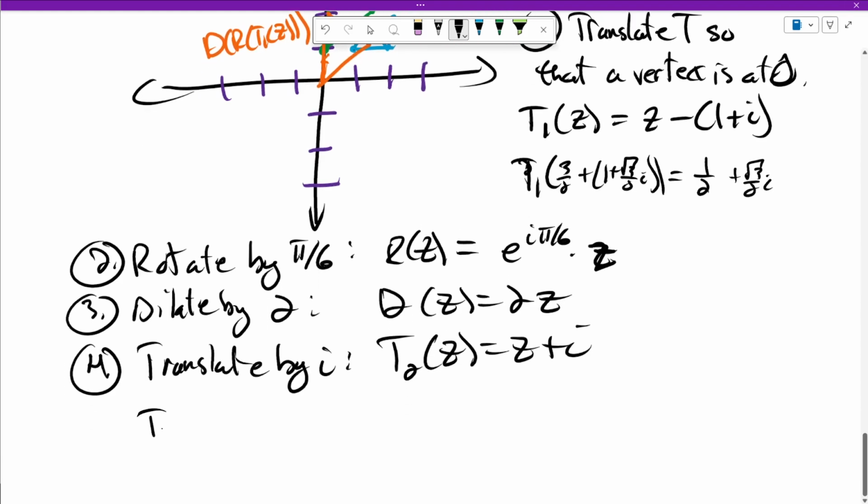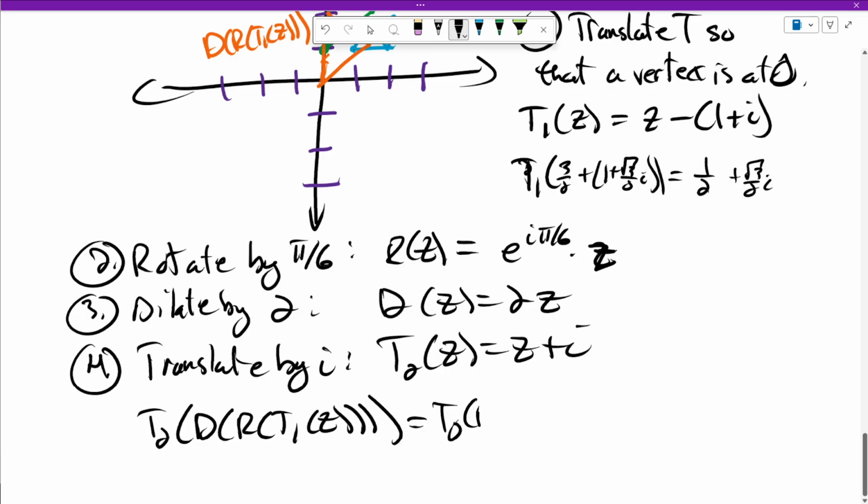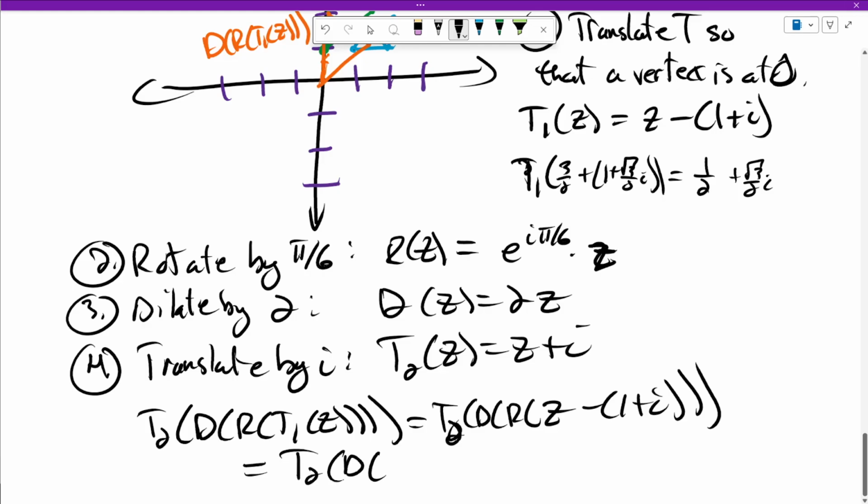So T2 of D of R of T1 of z is going to be T2 of D of R of, T1 is the subtract 1 plus i from me function. And that's going to be T2 of D of R, where R is the multiply by e to the i pi over 6 function.